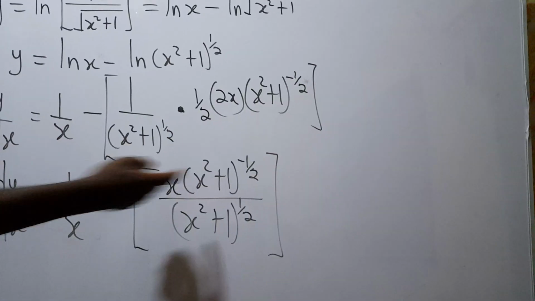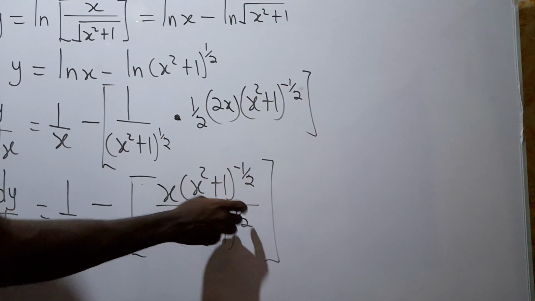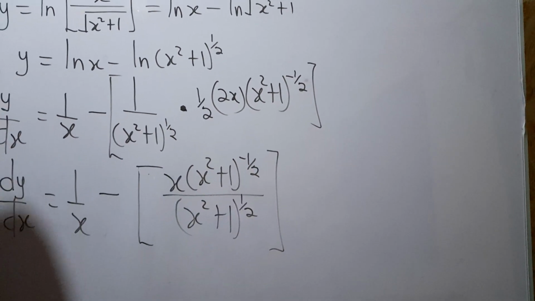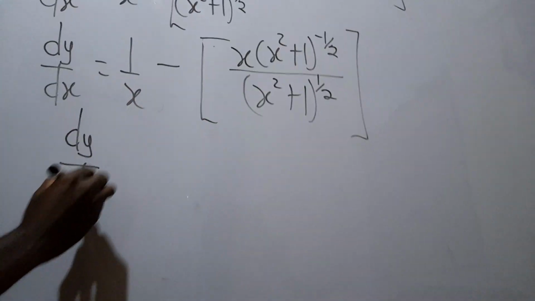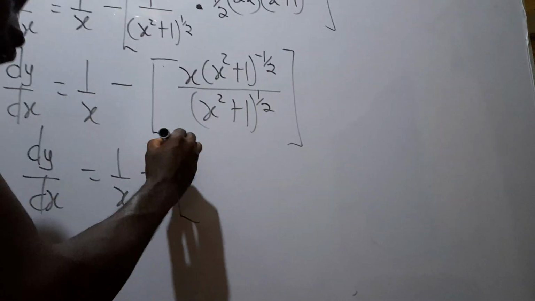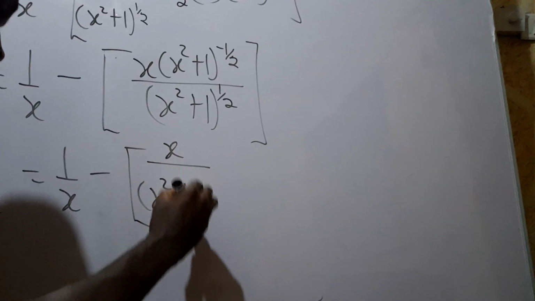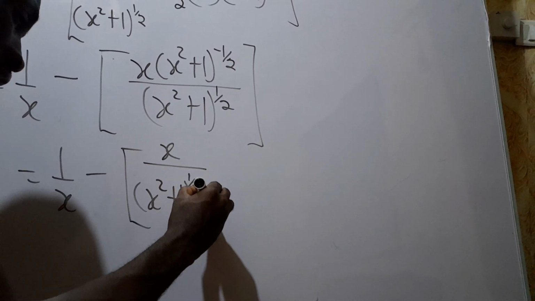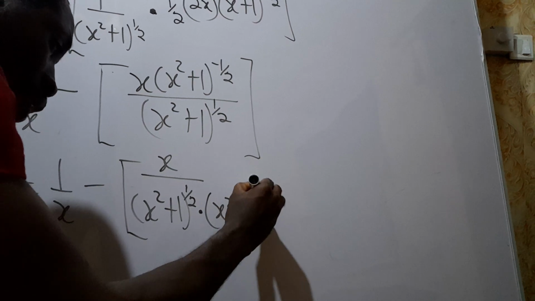Remember, we can drop this using the law of indices. We drop this to multiply this, and this will change to positive. So you can say dy over dx is equal to 1 over x minus x over x squared plus 1 exponent half times x squared plus 1 exponent half.